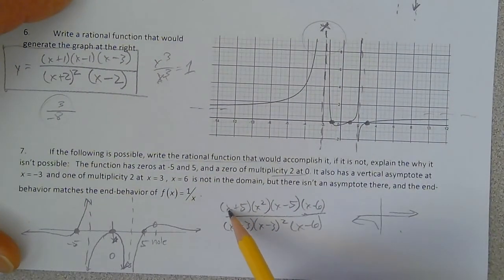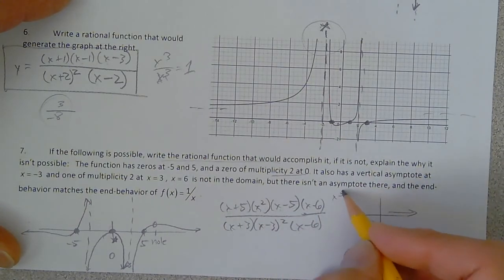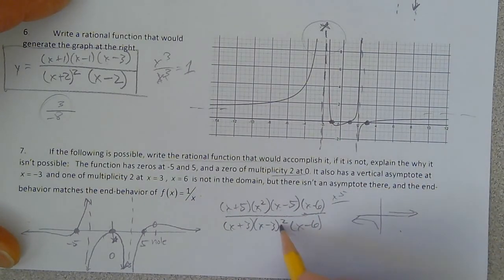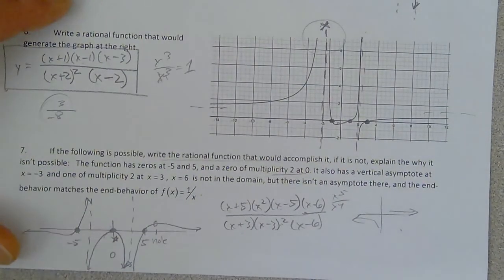This would have end behavior, though, of, let's see, 1, 2, 3, 4, 5. This is x to the 5th in the numerator, and 1, 2, 3, 4. This is x to the 4th in the denominator.